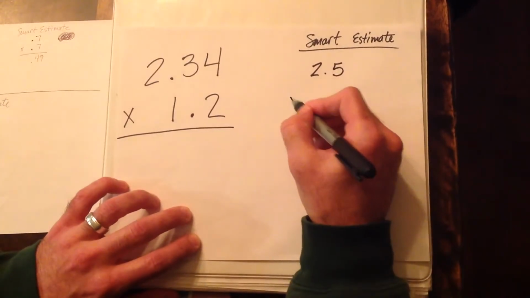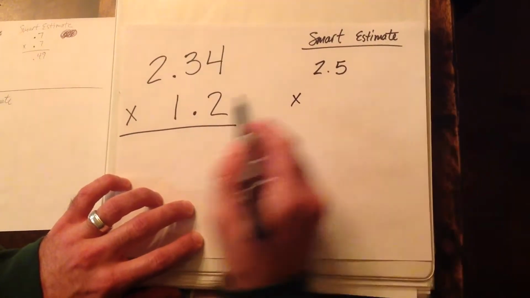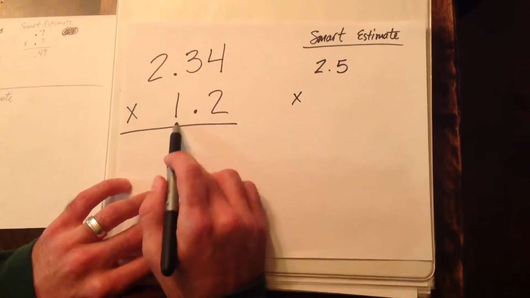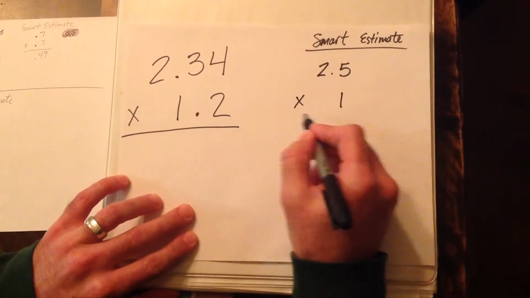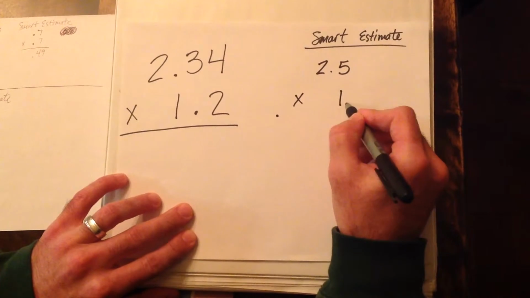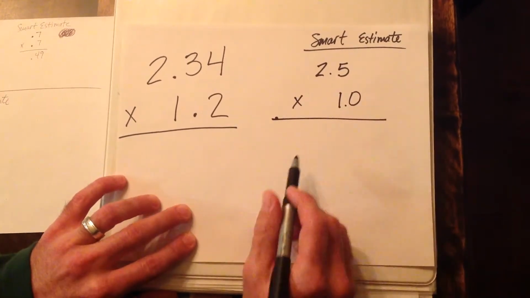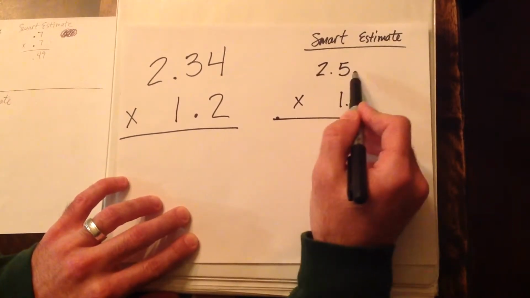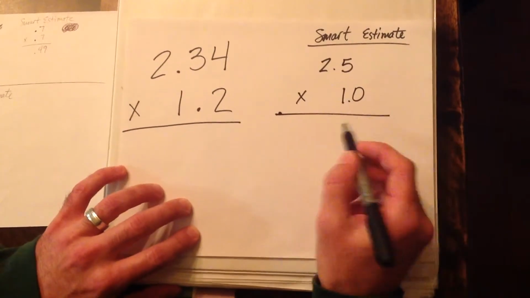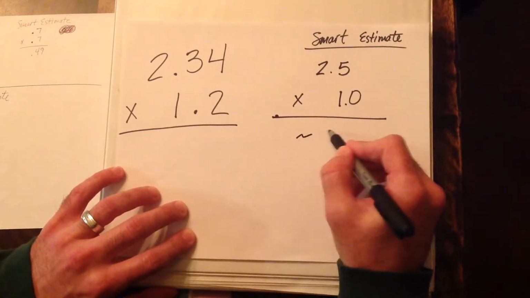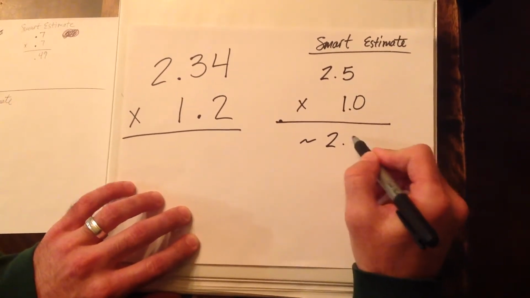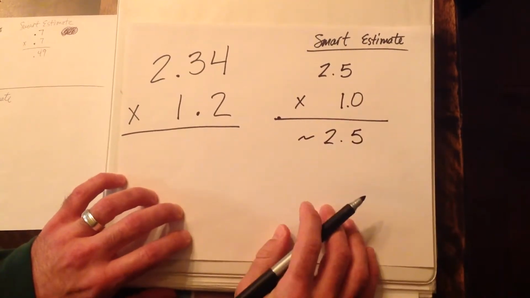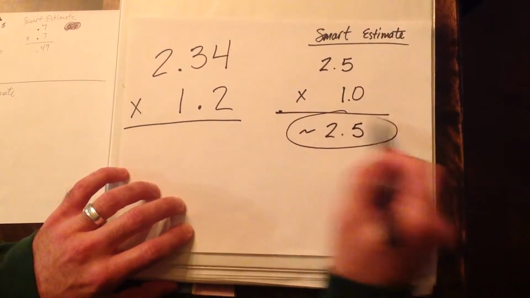I like that number, it's convenient for me, and this number is really close to 1.0. If I multiply 2 and 5 tenths times 1, my product is going to be about 2 and 5 tenths. So that's kind of what we're looking for.